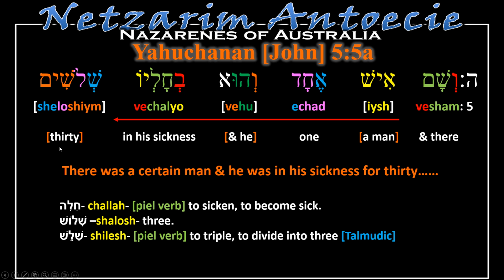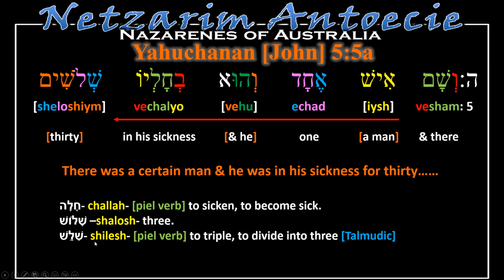Shloshim. It means 30. If we look down here, we've got chala, which is a Pael verb, to sicken or to become sick. Then we have shalosh, which is 3, and that's the root of that one. When we add the yod and the mem sofit, it's plural, it's multiplied, so it becomes 30.